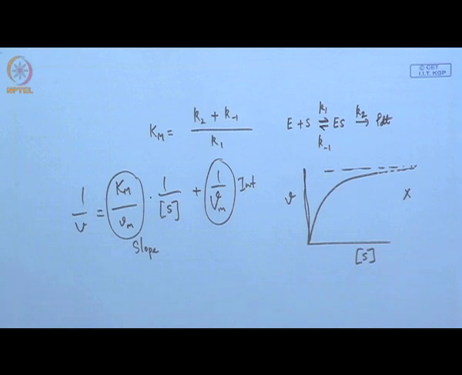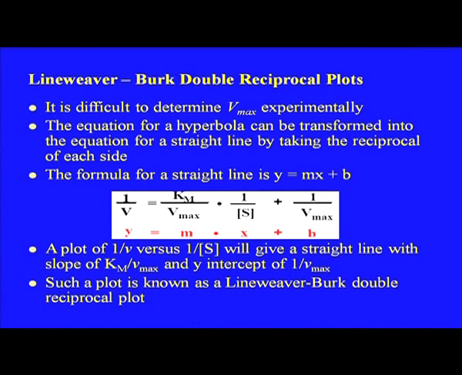So, you can easily deal with the data rather than dealing with it in a non-linear fashion. It is in a linear fashion and you can manage the data easily. Okay. So, this plot is known as the Lineweaver-Burk plot or double reciprocal plot.